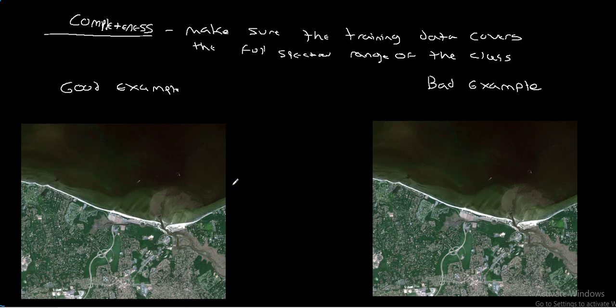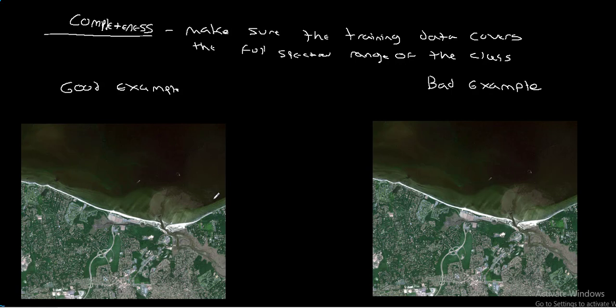Well, if we think about this sample image here and pretend that we're digitizing training data, we're going to look at the water class again. We feel safe in saying that this down here is a river, which we would hopefully call water. We would say that this out here, this deep water, would also be water. And the shallow water here would also be called water.